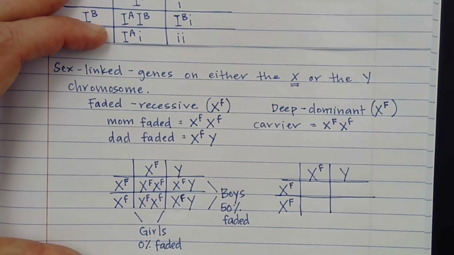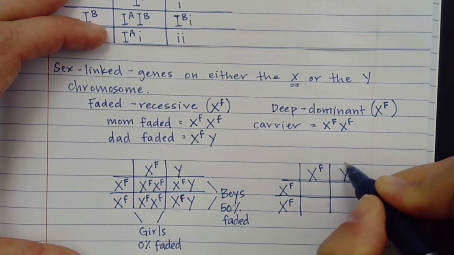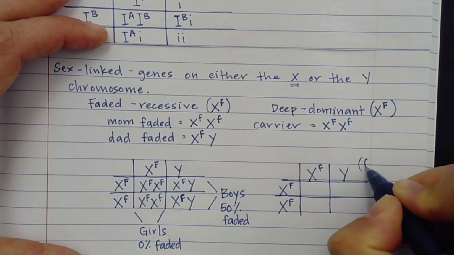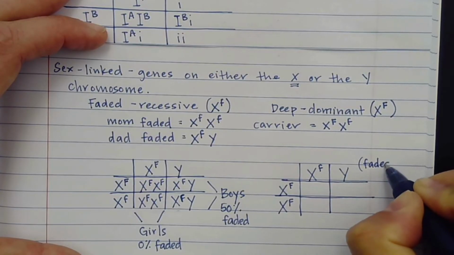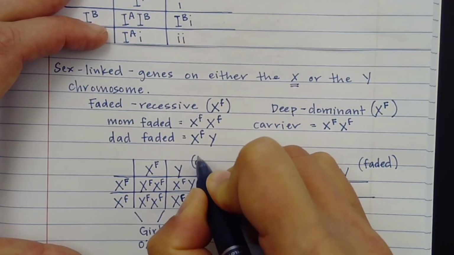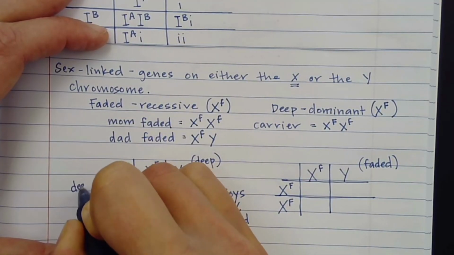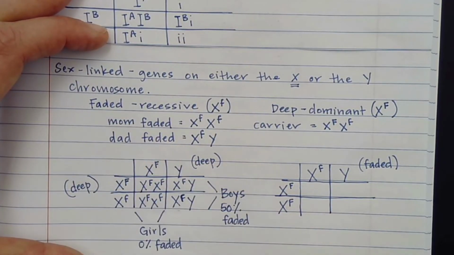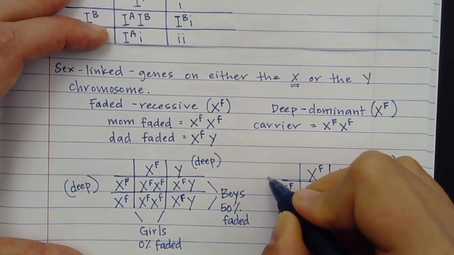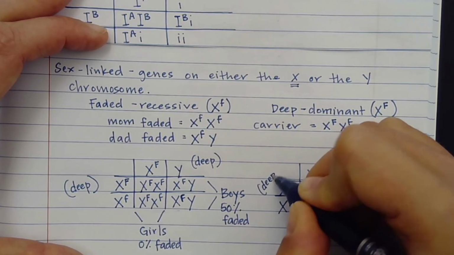In this case, we're going to fill out our Punnett square. So this time, dad is faded, whereas before, dad had deep, mom had deep. Now dad is faded, mom is deep in color.